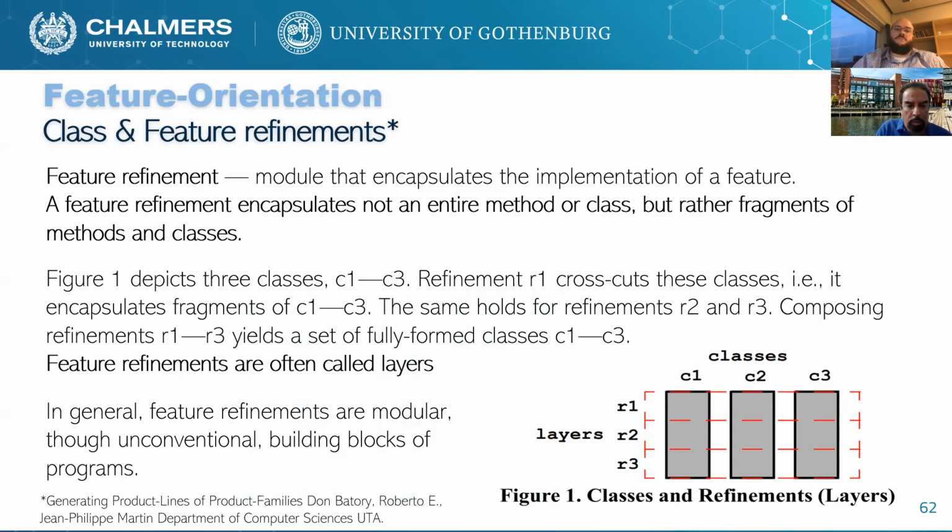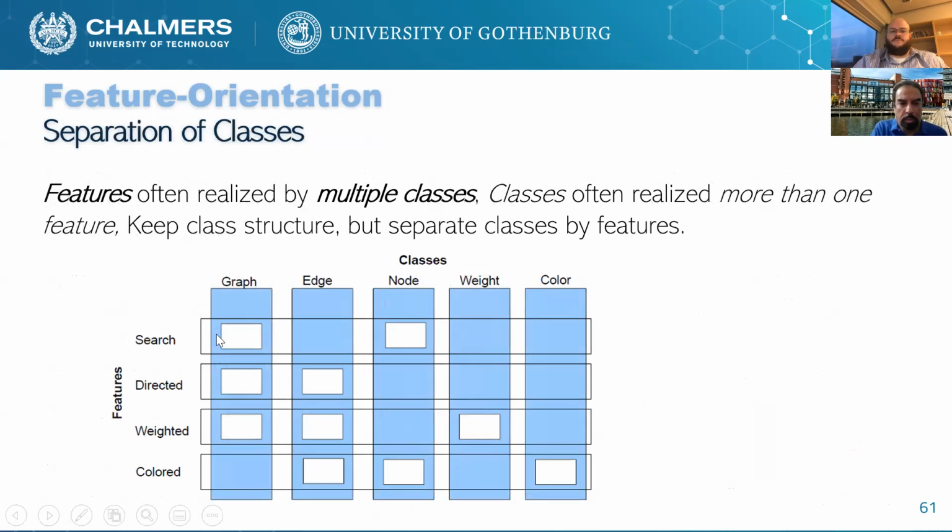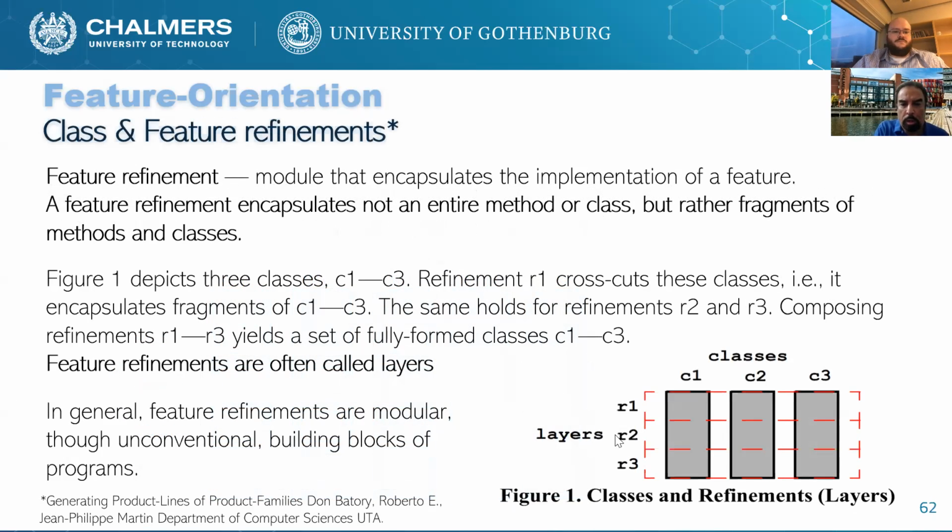In the same way I showed you before that each feature was represented in different classes, here we see the refinements can be represented in different classes, and these refinements combined, which we call layers, can represent a feature. So there is flexibility here in developing classes and refinements, layers of refinements, to implement the features.